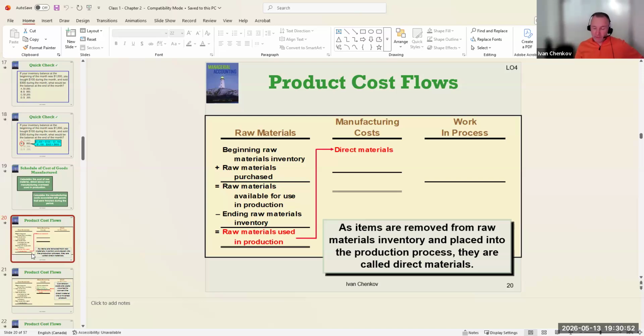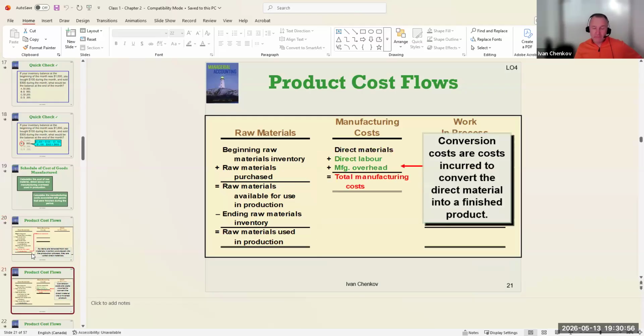To direct material, we're going to add direct labor and manufacturing overhead. Those will be given. You don't have to calculate them. And that's going to give us the manufacturing cost for the period.